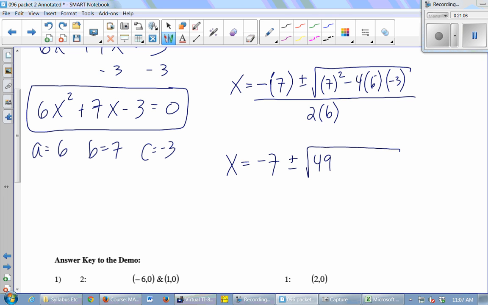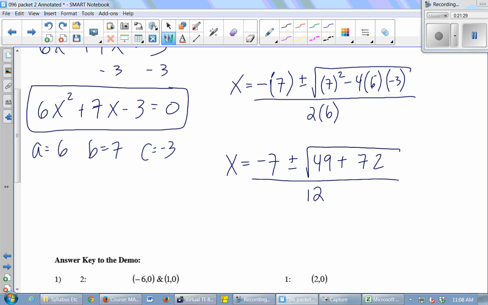What is negative 4 times 6 times negative 3? I have a negative times a positive times a negative. That's going to become positive. And 4 times 6 is 24 times 3 is 72. All over 2 times 6, which is 12.